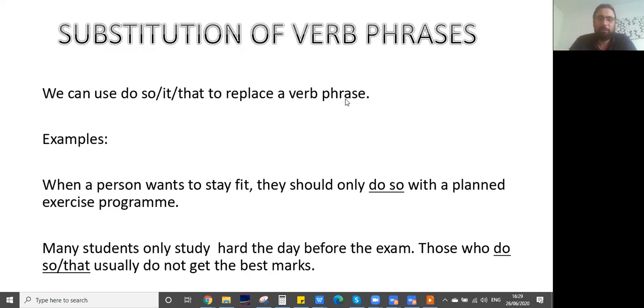What's that referring to? Excellent. So here we have study hard, and then we have like the full phrase. So the day before the exam. So this is the phrase, yeah?